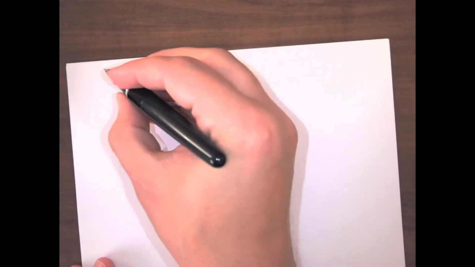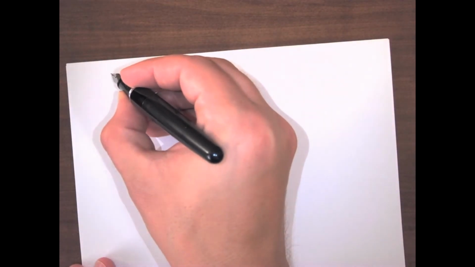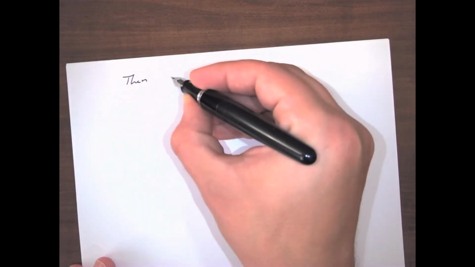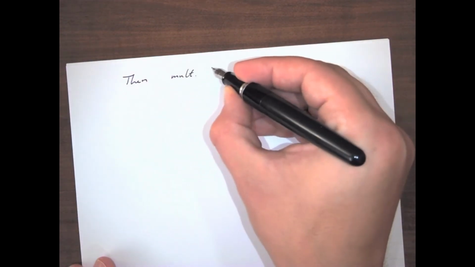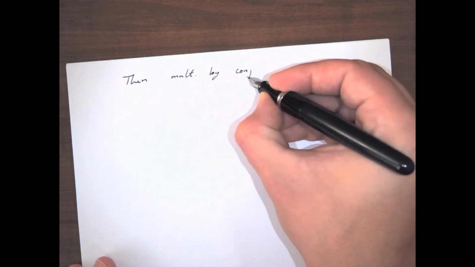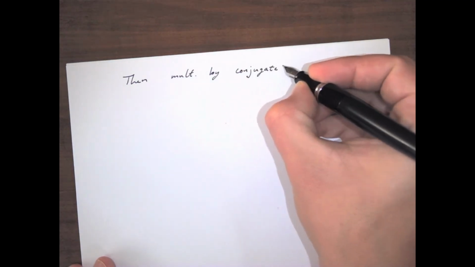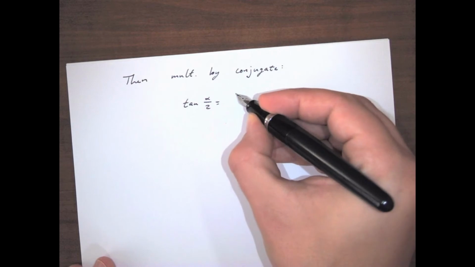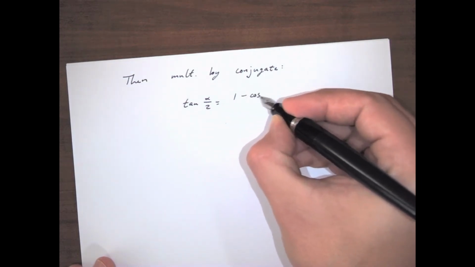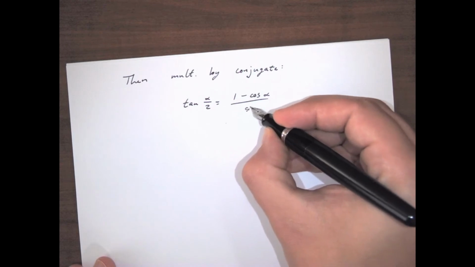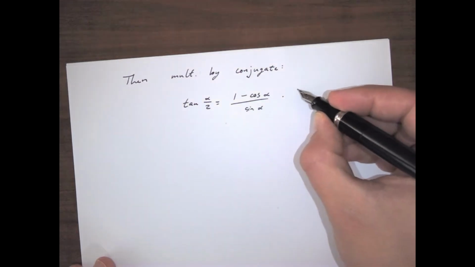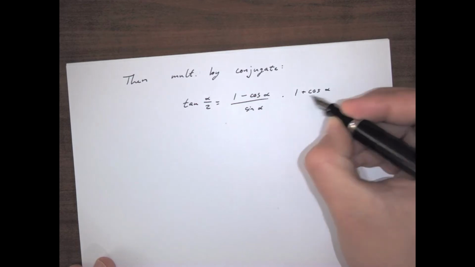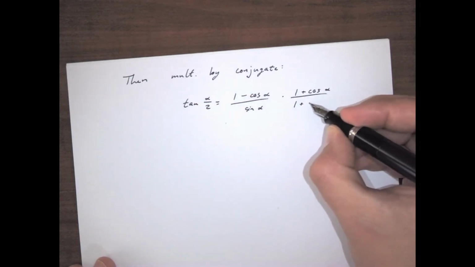It's the first one. To get the other one, we can then just multiply by a conjugate in classic 6.4 fashion. So if we have 1 minus cosine alpha over sine alpha, we multiply it by 1 plus cosine alpha over 1 plus cosine alpha.